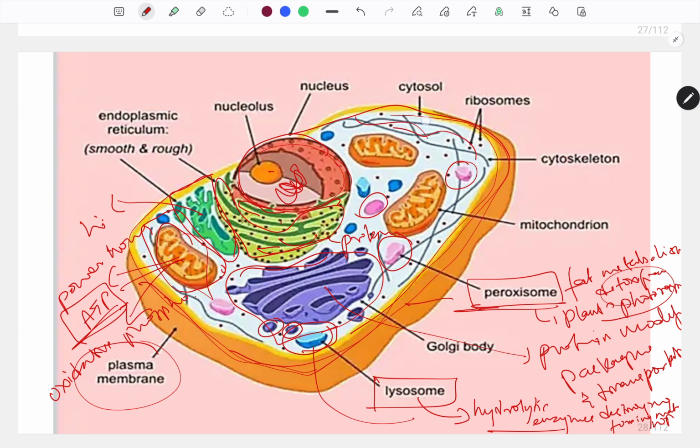And these fiber kind of things which you are observing in this image are the cytoskeleton. There are mainly three types of cytoskeleton: one is microfilament, second is microtubule, and third is intermediate filaments.